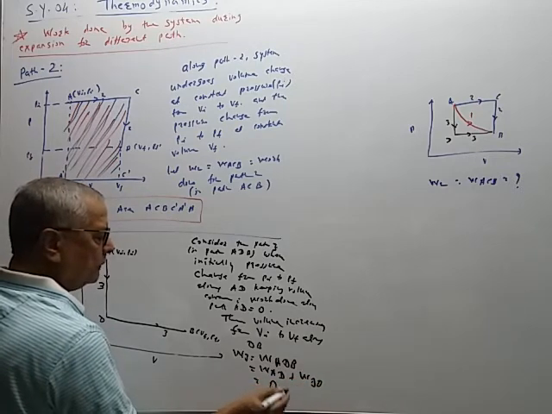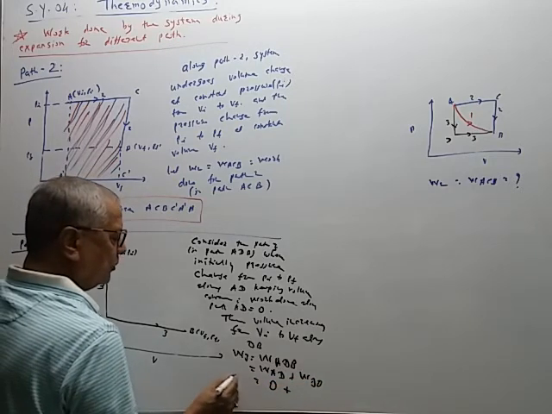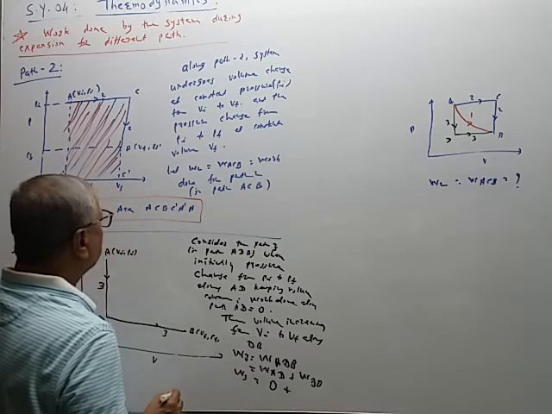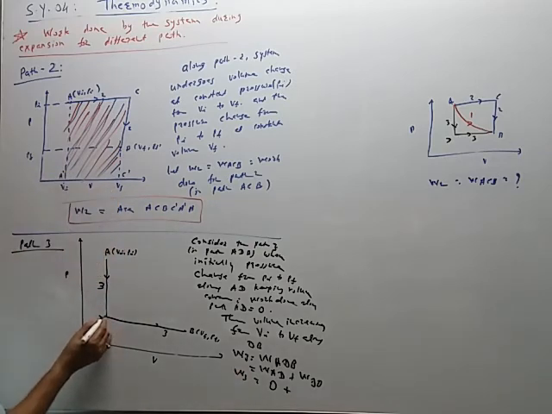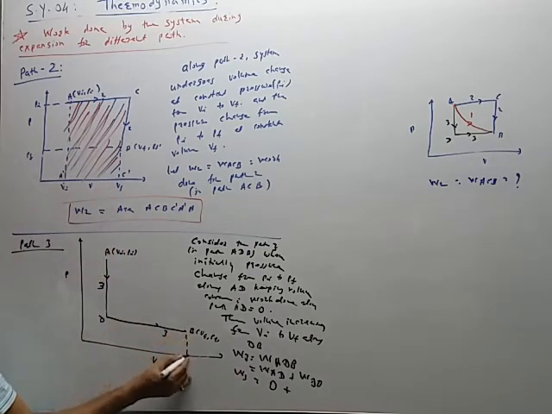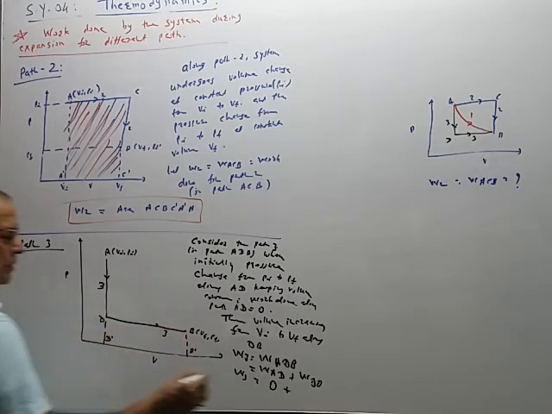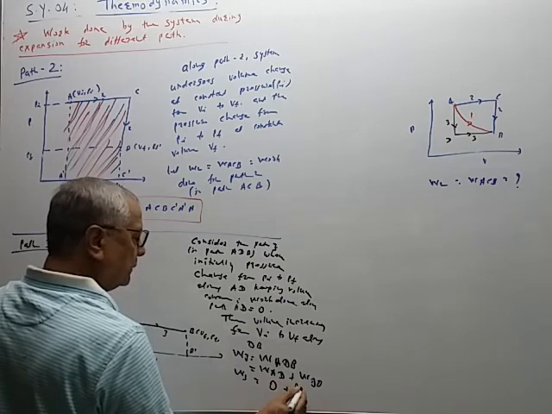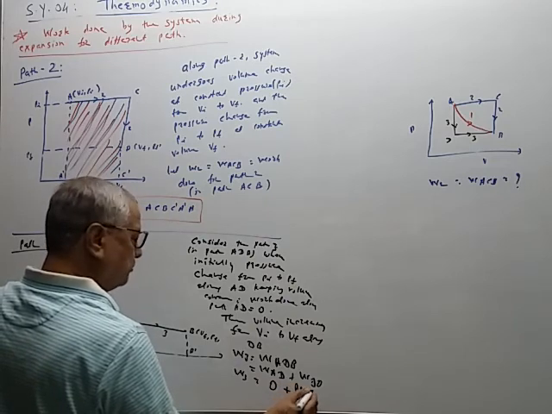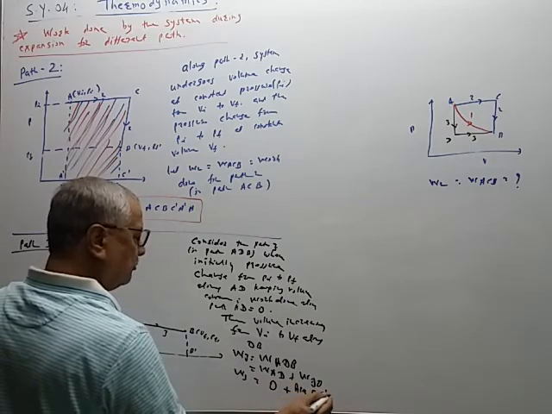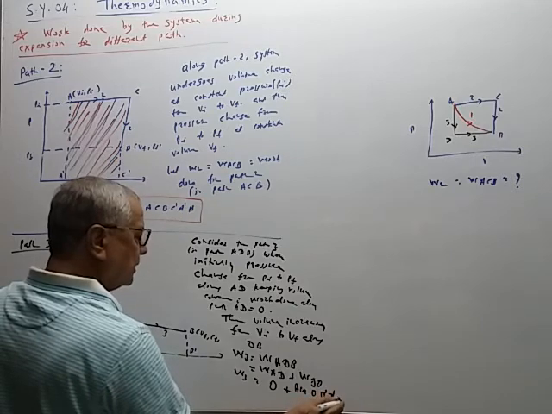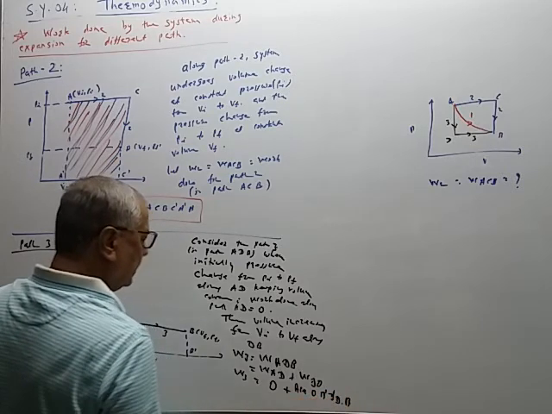This work done is 0 and this is equal to work done W3. Now this is the area. Draw perpendicular. This is B dash, D dash. So this is equal to area B dash D dash D B, like this.